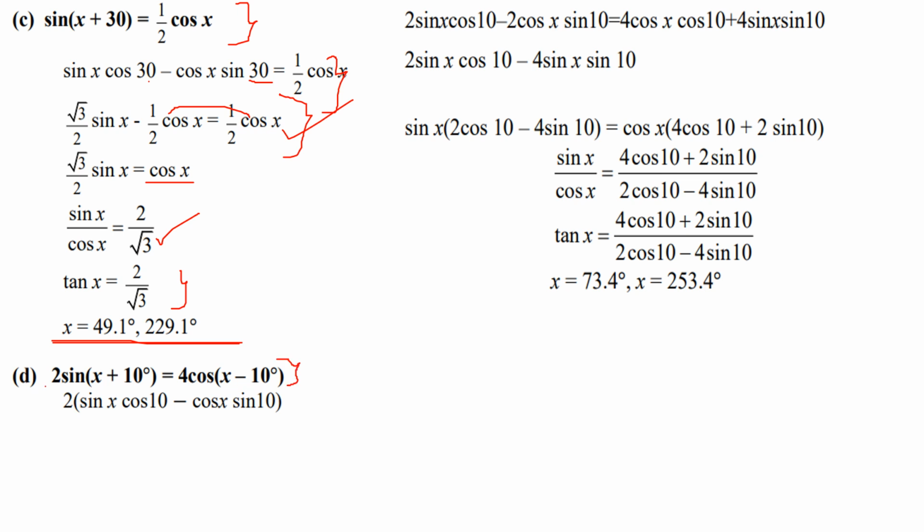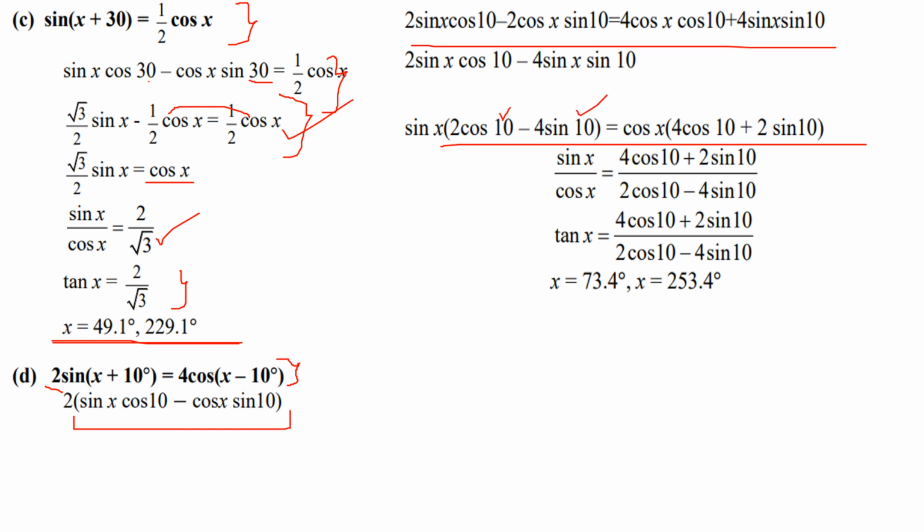Now if you go to part D, you're going to have this. When you're expanding, when you have coefficients, you always introduce brackets. Now expanding on the other side, you're going to end up with this. Now you collect terms of sine and cos on one side, then you're going to end up with this. Now we only collect the terms having known angles, they are not considered to be unknowns.